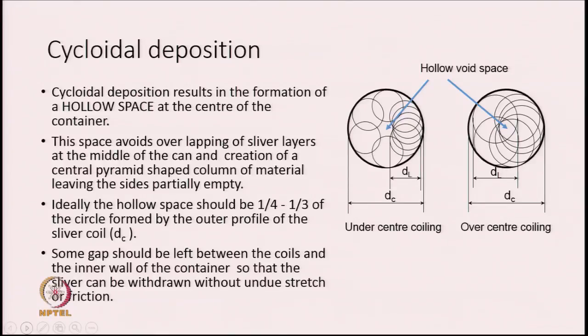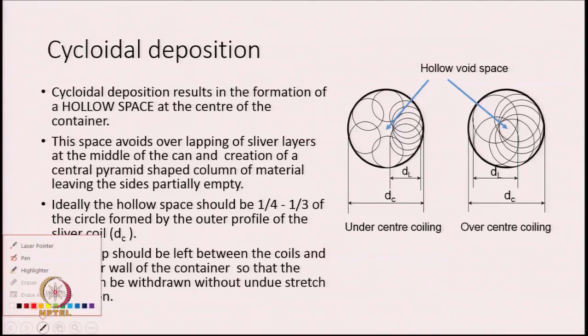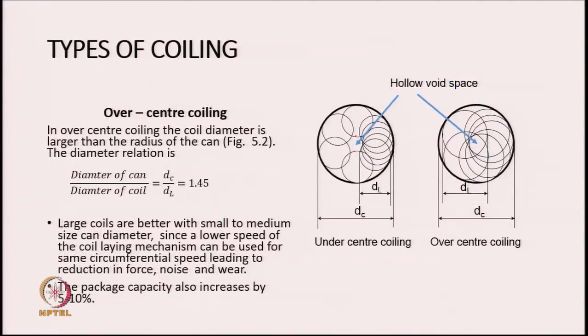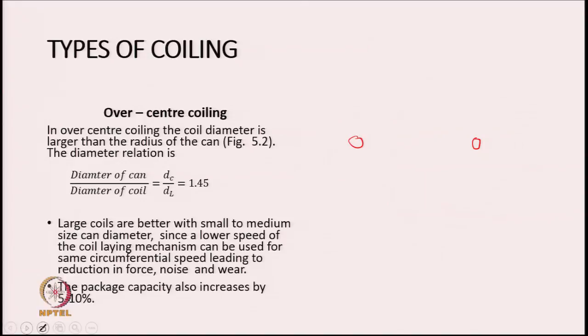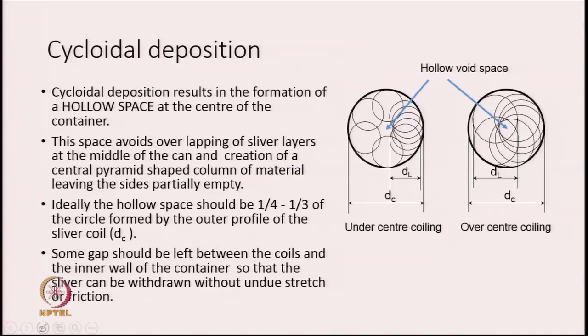Now, cycloidal deposition results in the formation of a hollow space. If you see in the diagram, there is a hollow space. So, the hollow space is here, this is the hollow space, here also there is a hollow space. This hollow space will get formed here and here.